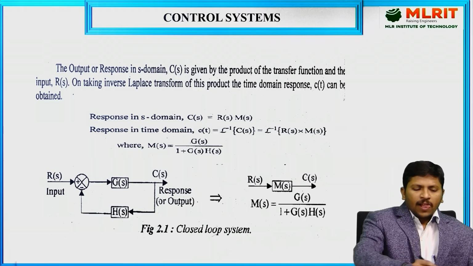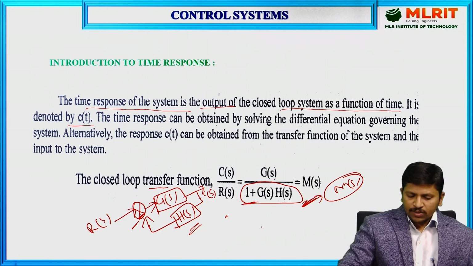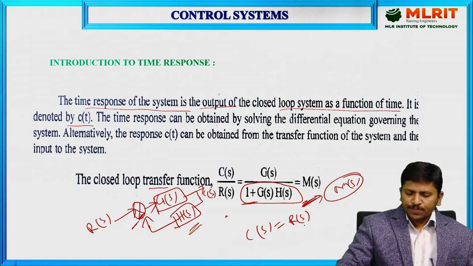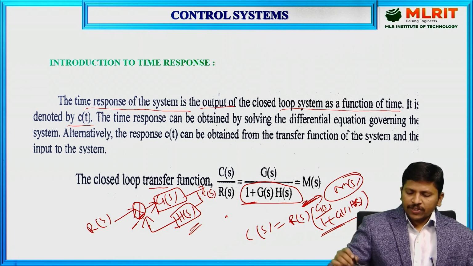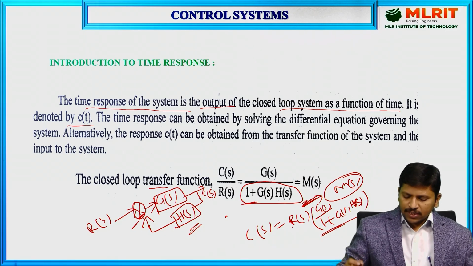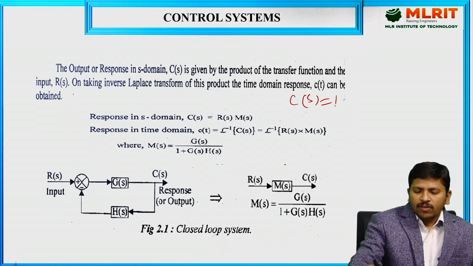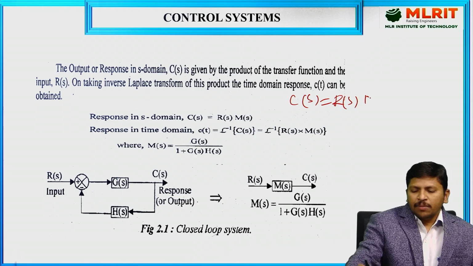Here C of S equals R of S into G of S divided by 1 plus G of S into H of S. Since G of S divided by 1 plus G of S into H of S is M of S, directly we consider C of S equals R of S into M of S.